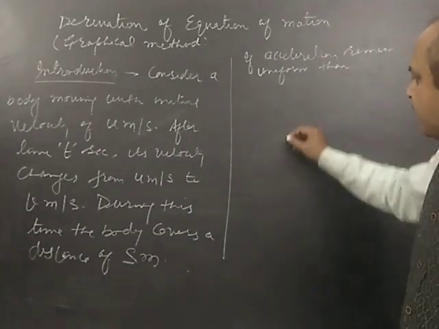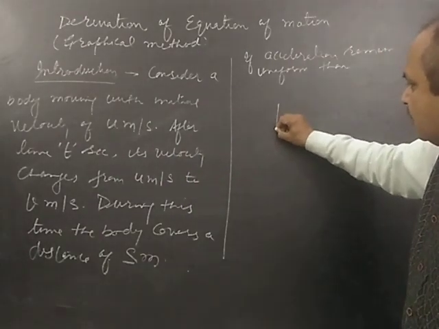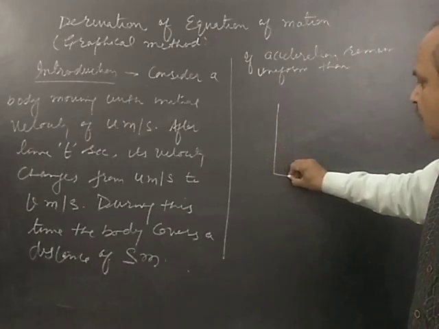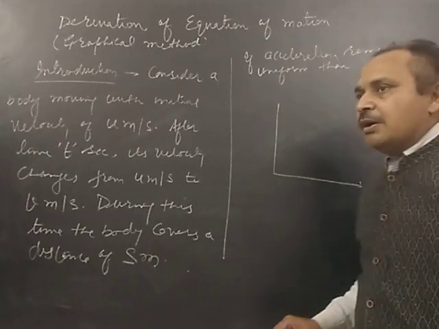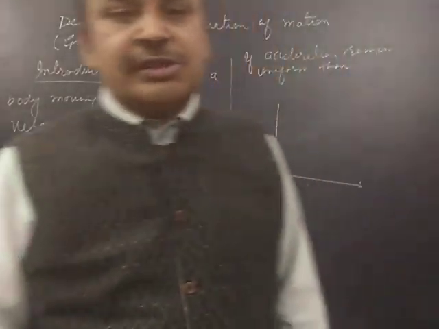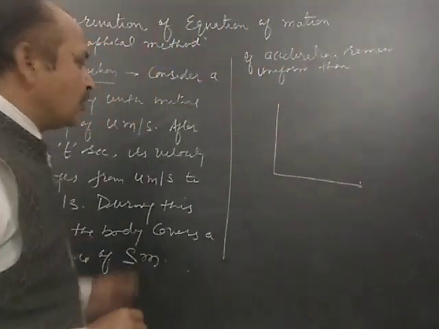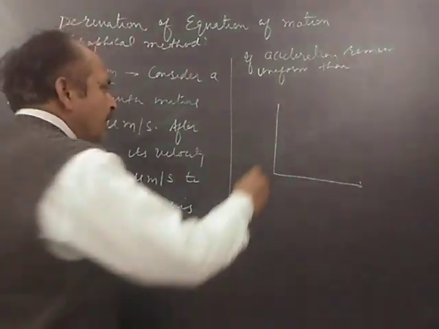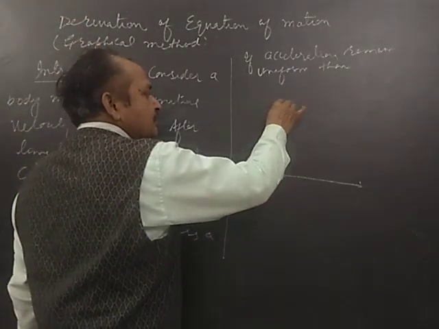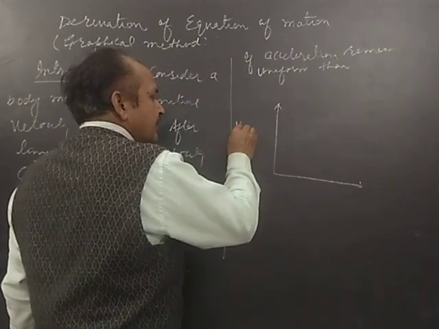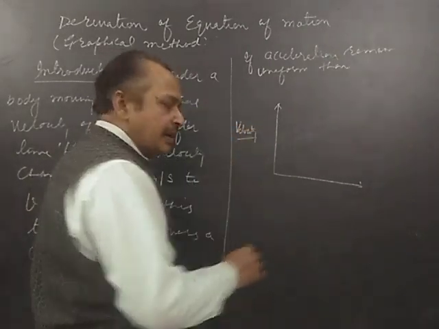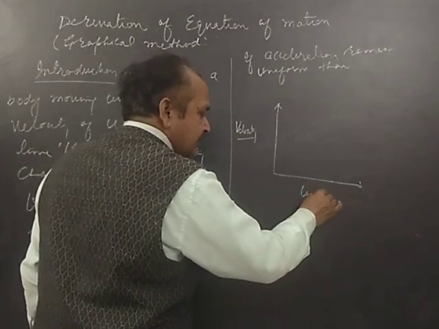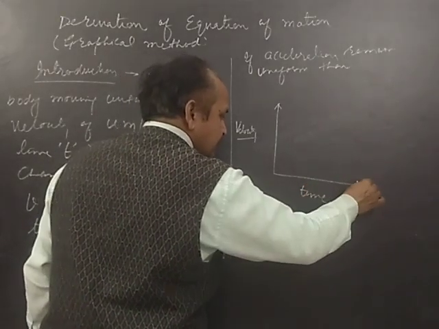Clear? Whenever we talk about the graph, now you can easily understand that in this particular case, we are talking about a velocity and time graph. This is a velocity and time graph. And always the velocity is represented along the y-axis, and always the time is represented along the x-axis.